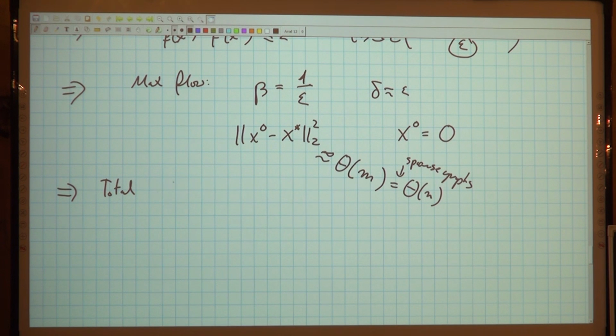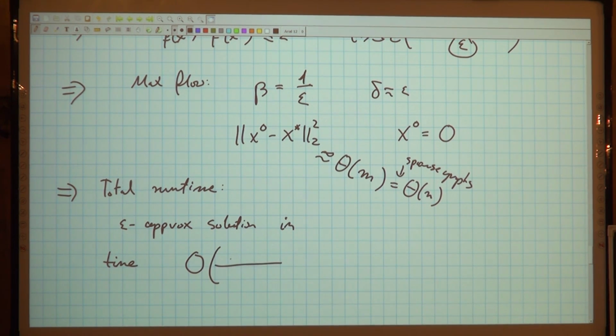Okay, so the total running time will be, for an epsilon-approximate solution, O of m over epsilon squared. This is the number of iterations times the time needed to execute a step.